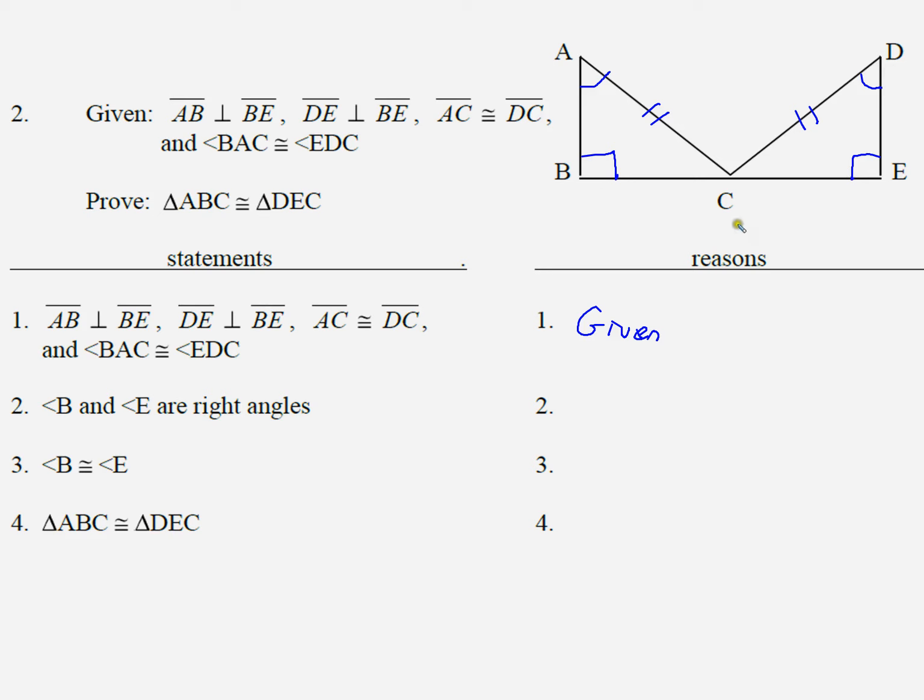Looking at this figure, now that we marked it, we probably see this is going to be angle, angle, side congruent to angle, angle, side. But we do need to state these are congruent, because it didn't state that the angles were congruent, it stated that they're perpendicular. Perpendicular means they intersect to form right angles. So we know these are right angles because that's the definition of perpendicular.